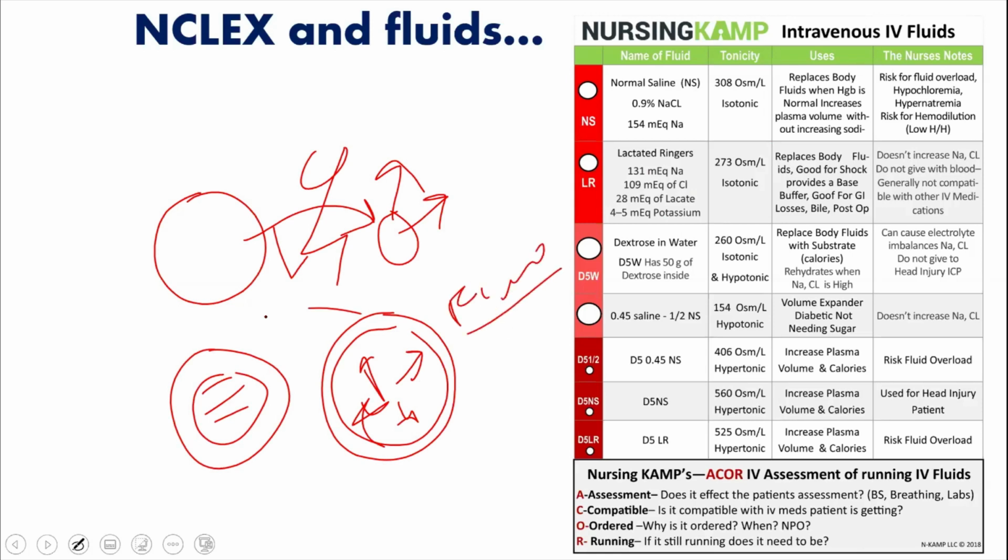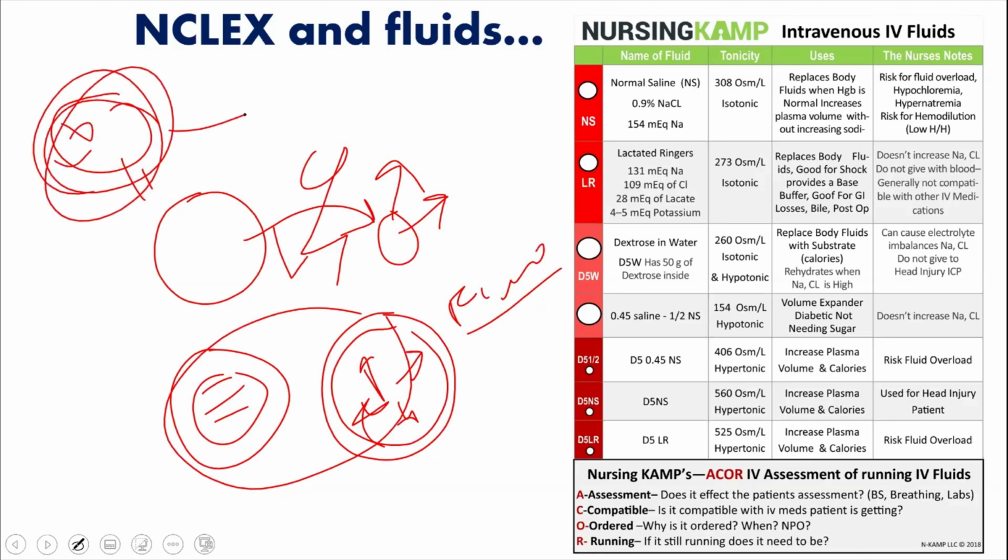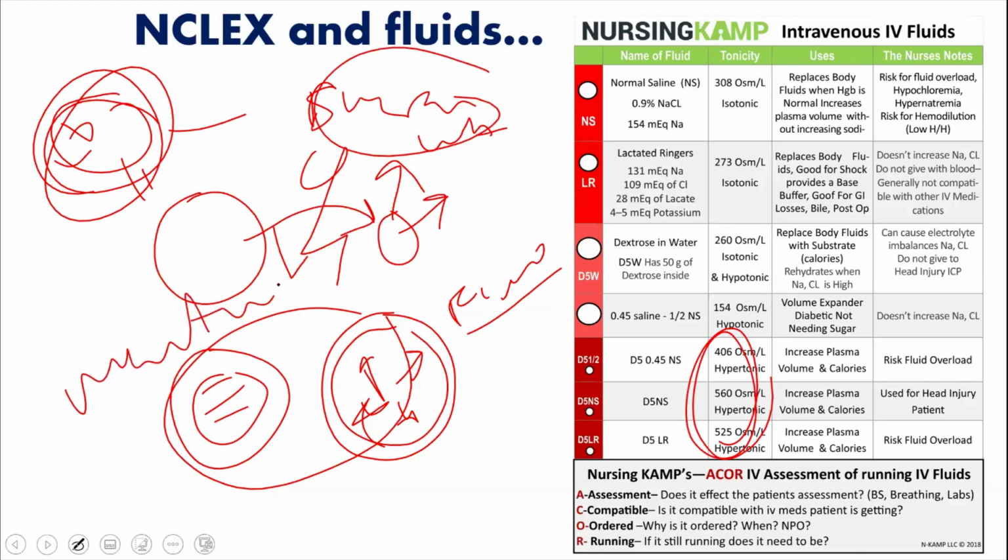But we said that this is good for patients with brain injury, because in brain injury, osmolarity is important. And we look at the osmolarity of these, sugar, water. And we said that mannitol is generally the treatment for brain injury. So therefore, this is usually the closest to it.